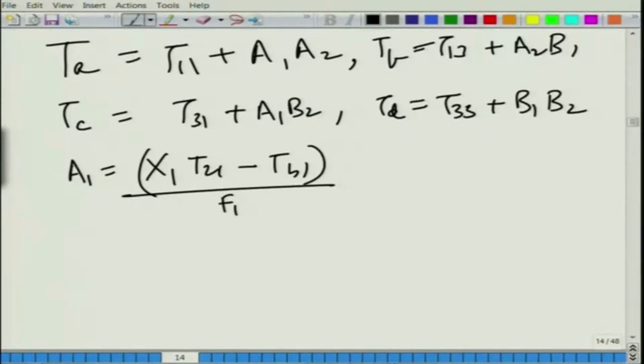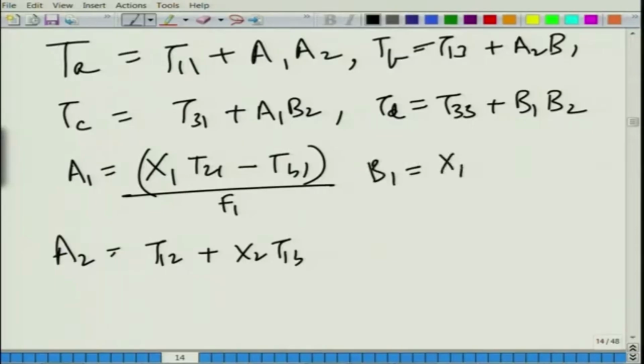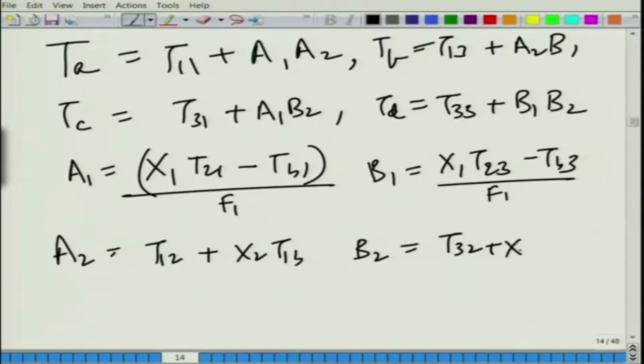And A 2 is T 12 plus x 2 times T 14, and B 1 is your x 1 T 23 minus T 43 by F 1, and B 2 is your T 32 plus x 2 times T 34, and F 1 is nothing but T 42.